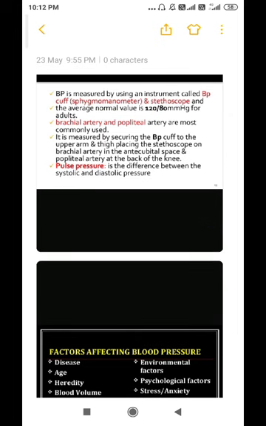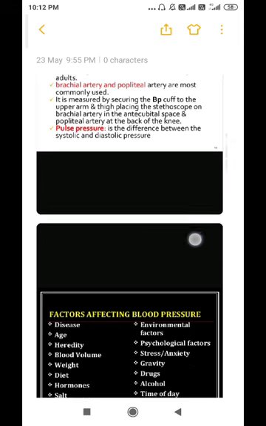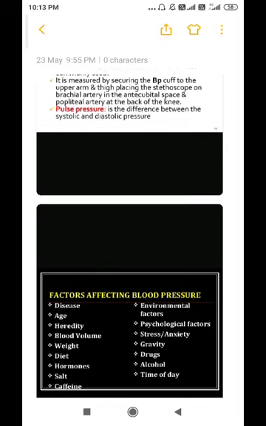It is measured by securing the BP cuff to the upper arm and thigh, placing the stethoscope on the brachial artery in the antecubital space and on the popliteal artery at the back of the knee. Pulse pressure is the difference between the systolic and diastolic pressure.